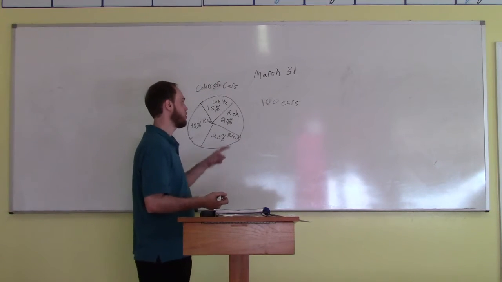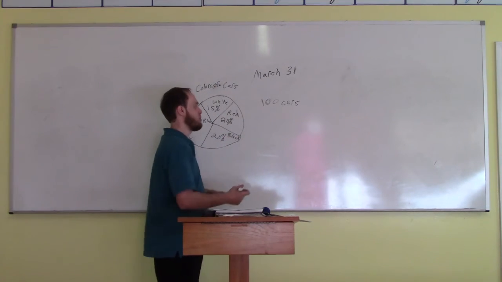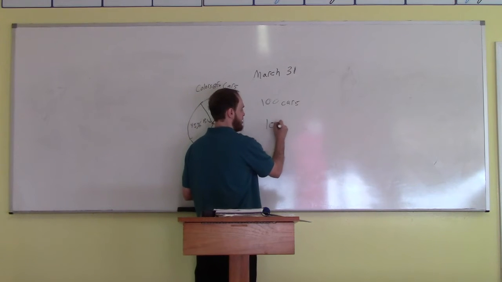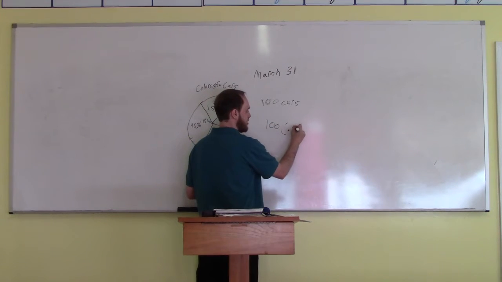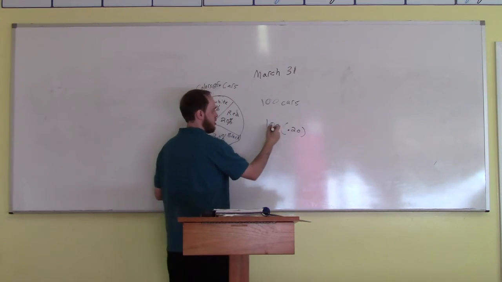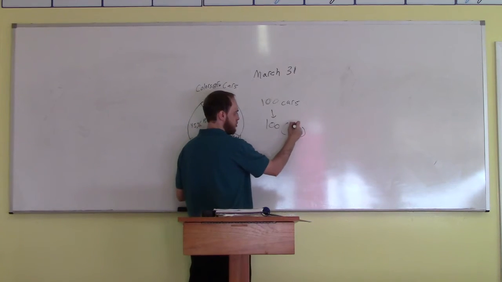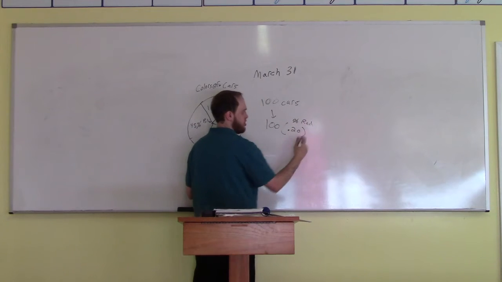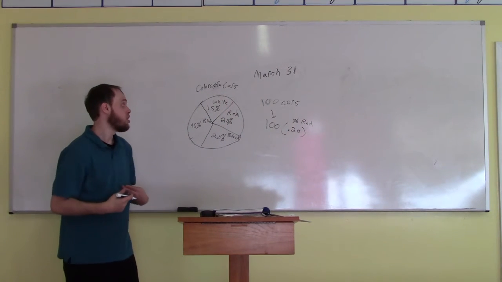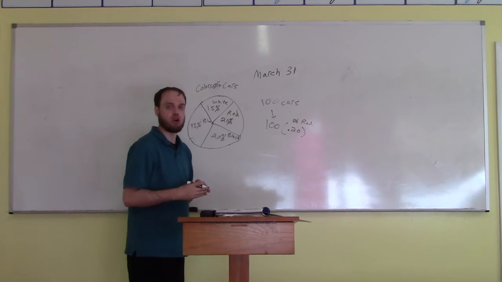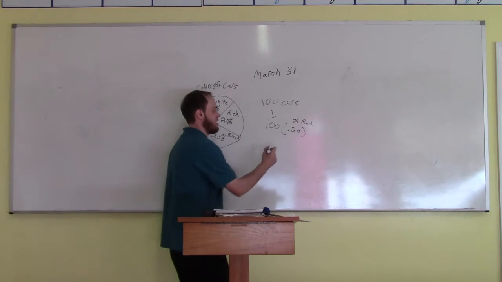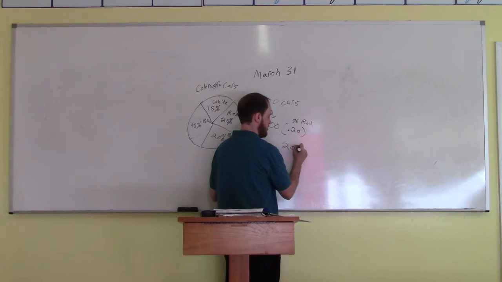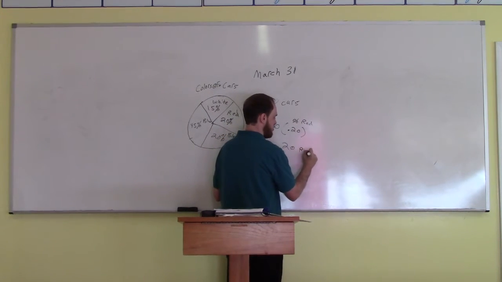And so to find the total number of red cars, I'm just going to do 100 times 0.20. Because 100 is the total, and this is the percent of red. So percent of red as a decimal times the total. So 100 times 0.20, you work that through, and that'll be 20. So there are 20 red cars.